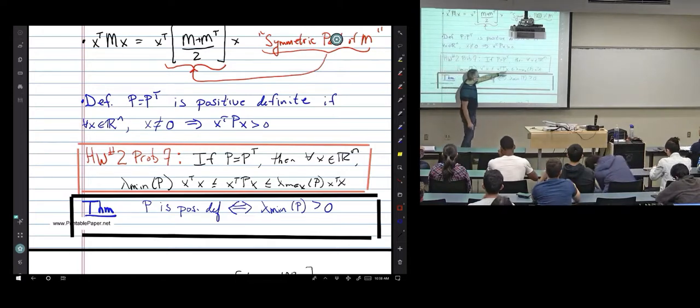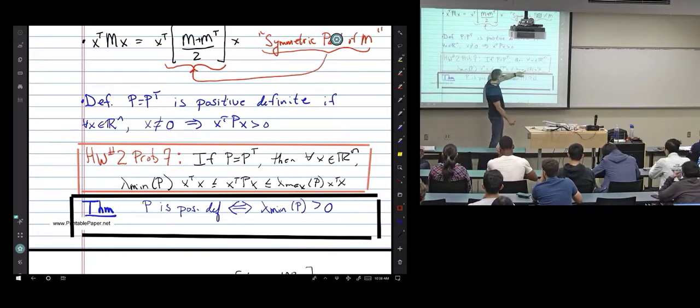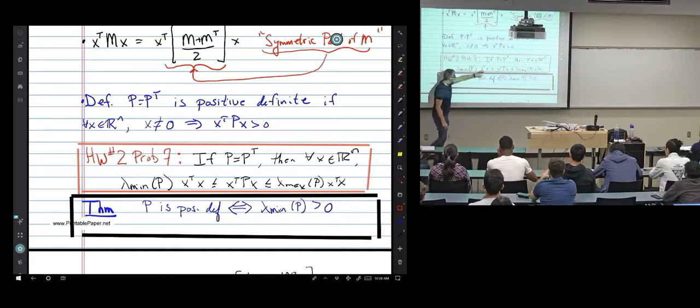If you take X equal to an eigenvector corresponding to this eigenvalue, then this is equal right here. And if you take X equal to an eigenvector corresponding to the maximum eigenvalue, then this is an equality here too. So one says they're tight because there are special choices of X where it's actually equal. You can't get any tighter than that.